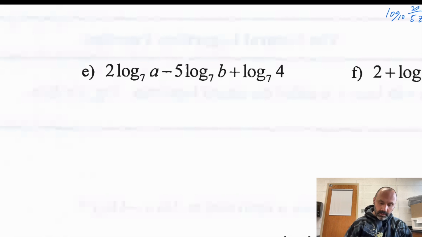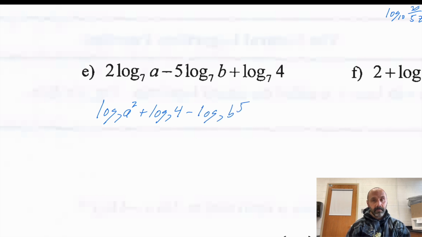E. I'm going to rearrange this and bring the log base 7 of 4 in front. I can't group together the 5 log base 7 of b plus log base 7 of 4 like I did before, because it's not the subtraction thing. Those things can't be grouped together. So this is log base 7 of a, I'm going to take care of the power rule, plus log base 7 of 4 minus log base 7 of b to the fifth.